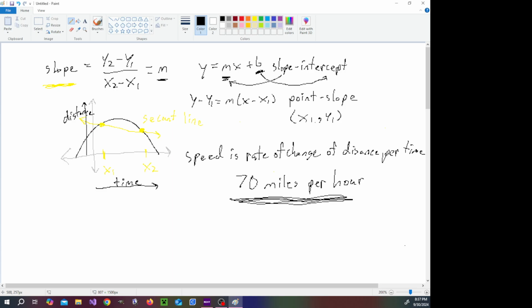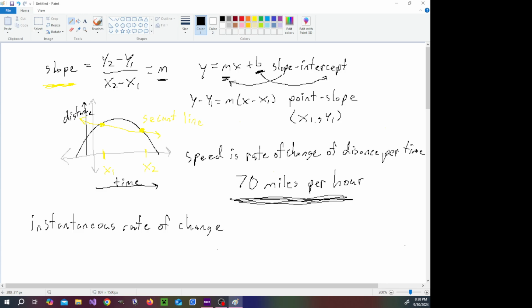It doesn't mean that you've driven long enough for it to tell you how far you've gone, right? Just by moving the vehicle, it tells you the speed that you're going. So speed, a rate of change, should happen at an instant. We should have some idea of an instantaneous rate of change.